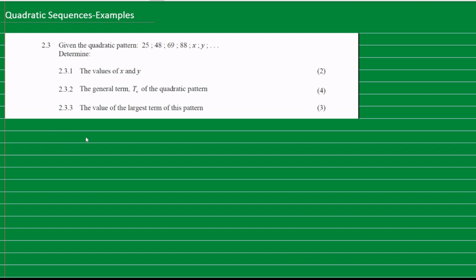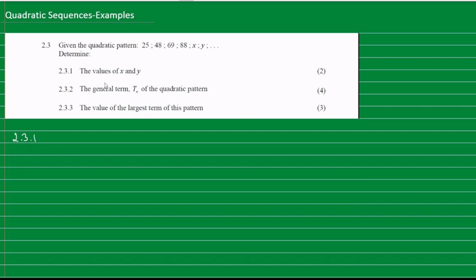Now let's look at some examples. These are specific examples from previous question papers. This is question 2.3, which says that given the quadratic pattern, determine the values of x and y.